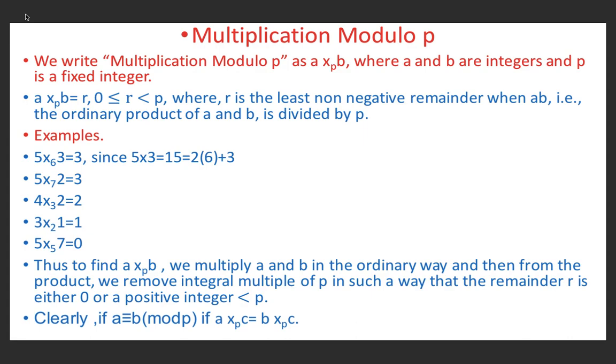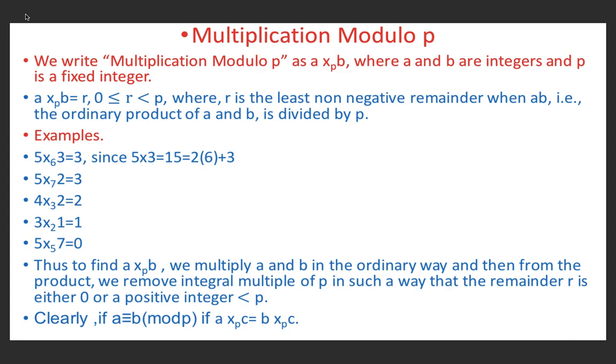Multiplication modulo 2 of 3 and 1 is 1, because 3 into 1 is 3, and when we divide 3 by 2, the remainder is 1. Multiplication modulo 5 of 5 and 7 is 0, because 5 into 7 is 35, and when we divide 35 by 5, the remainder is 0.